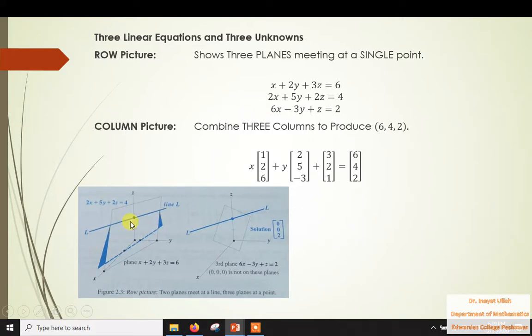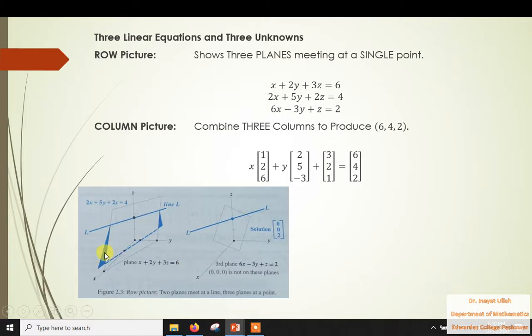And that is the third plane. When you insert a third plane here, that plane will intersect this whole line, which is the meeting line of these two planes. So this third plane will meet this single line at a single point.